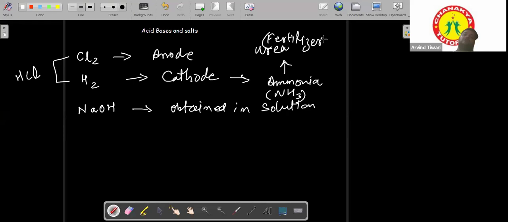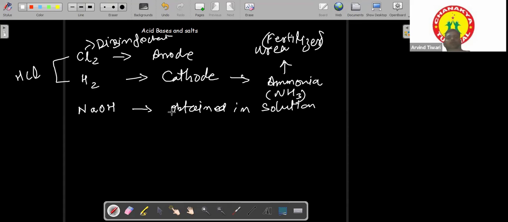So you see how the use of hydrogen is. Chlorine itself can be used as a disinfectant. Then sodium hydroxide, which is obtained over here as caustic soda, has its different applications.